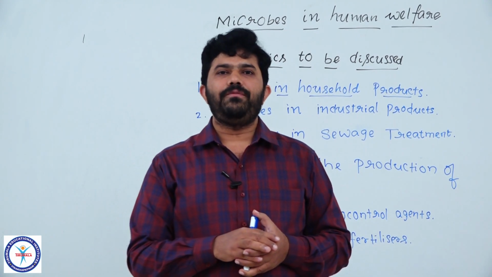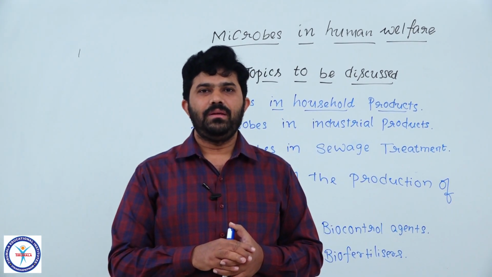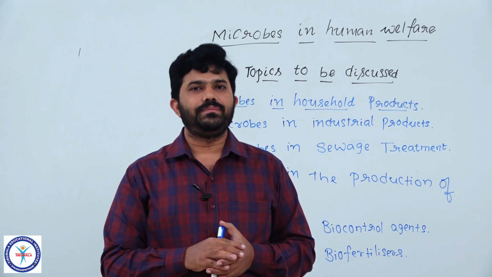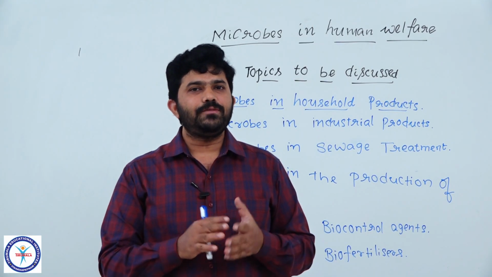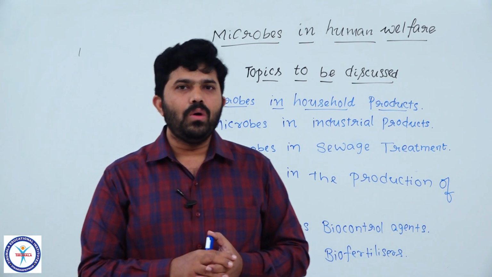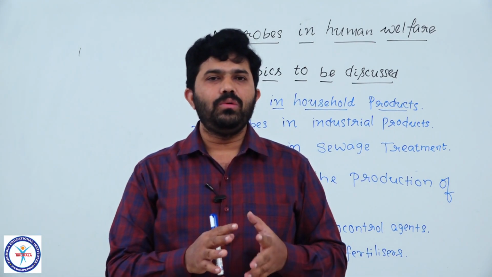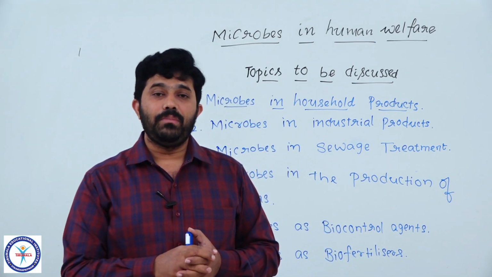In our everyday life, we are using curd. You know very well the importance of curd. The curd is from milk. How is the curd prepared, how is it formed from the milk?